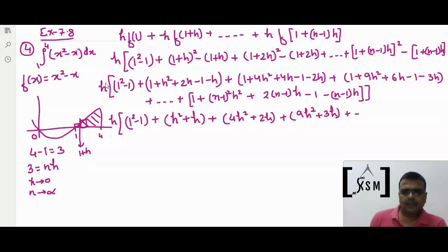And like that, from the last rectangle you can see minus 1 and plus 1 cancel, so the term is (n minus 1) square h square plus (n minus 1) h.